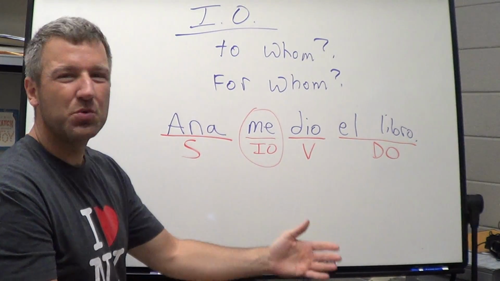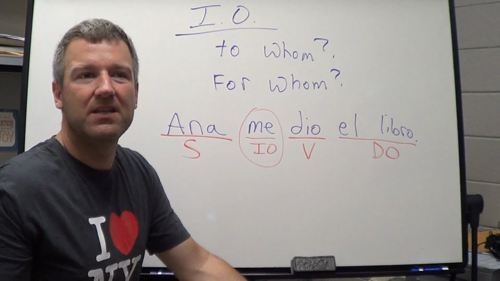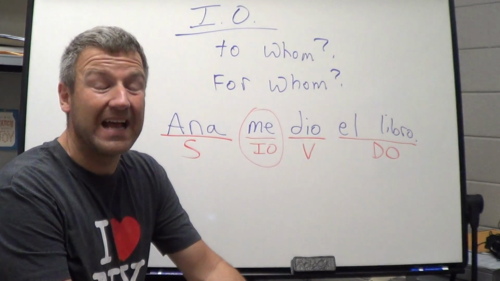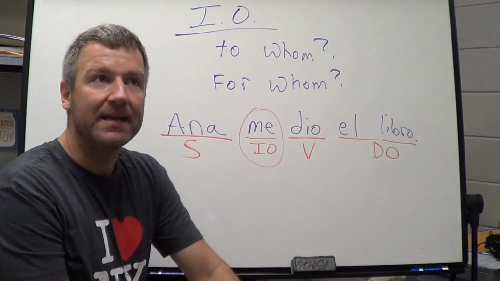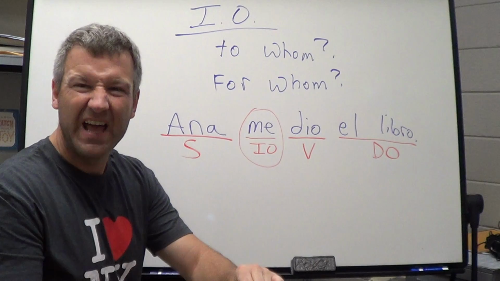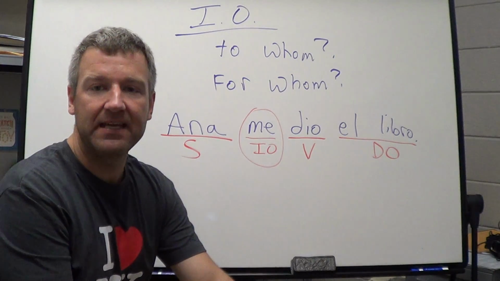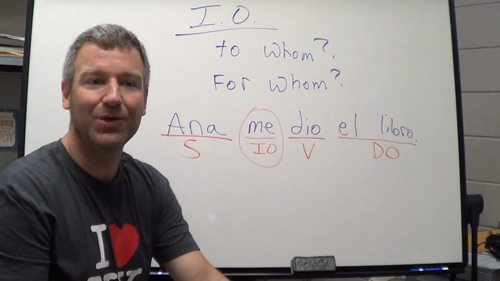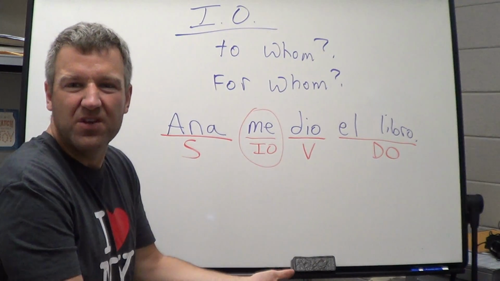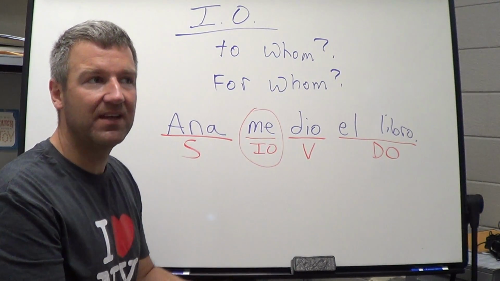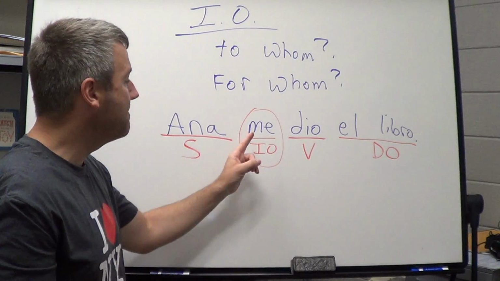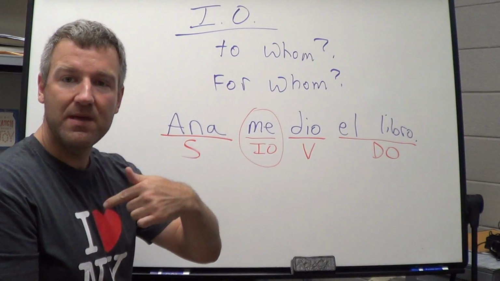So in this situation, there's no clarification needed like there was in the previous example with I gave the book to Anna. Because again, the "le" could refer to so many different people, I had to put "a Ana" at the end of it to let you know exactly who that "le" referred to. But right here with "me," there's no need to put anything extra because we know without a shadow of a doubt that "me" can only refer to me.